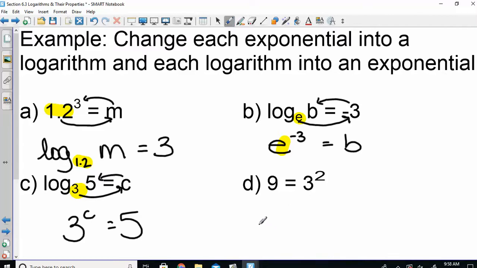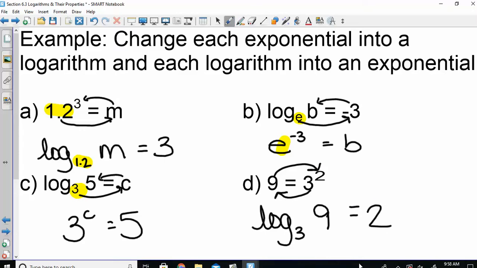D, when I put the log, what is my base? 3. So log base 3 of 9 equals 2. So make sure when you're writing this, that base is a subscript. The argument, like the 9, is a regular size number. Okay.